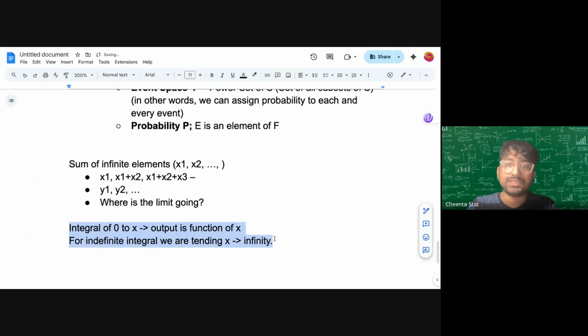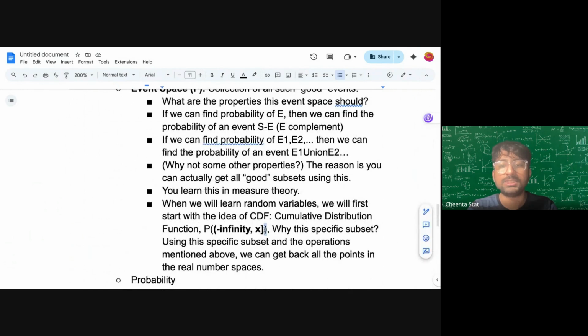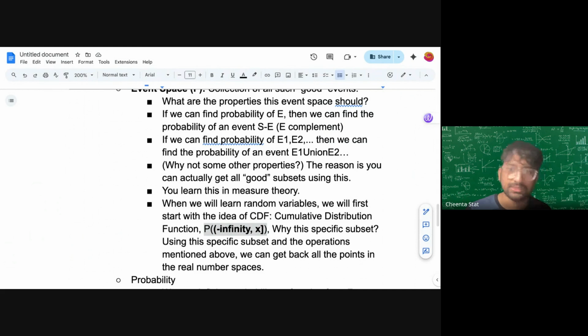Yes, so that's why to do that we need a space where it's integrable. So that's why these specific subsets come up. You cannot integrate over all subsets. That's why probability theory is very much related to calculus and real analysis.